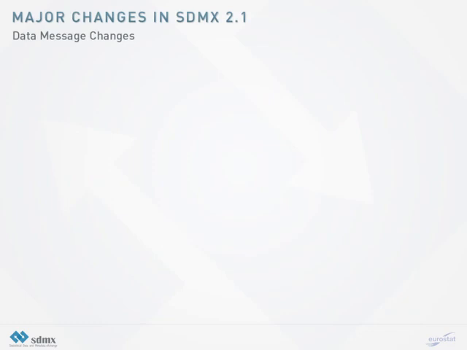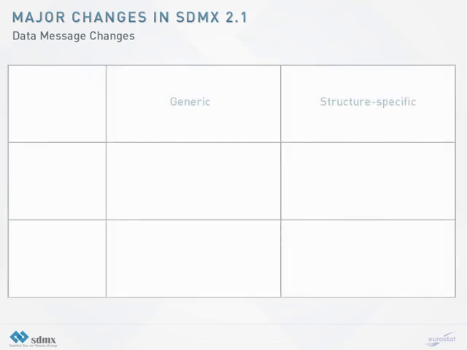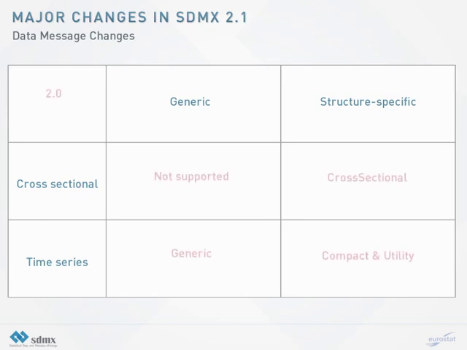Now, let's see the major changes in SDMX 2.1 concerning the SDMX ML messages. In general, the formats can be generic or specific to a data structure definition. The representation can be cross-sectional or time series. In SDMX 2.0, there were 4 distinct data message formats.